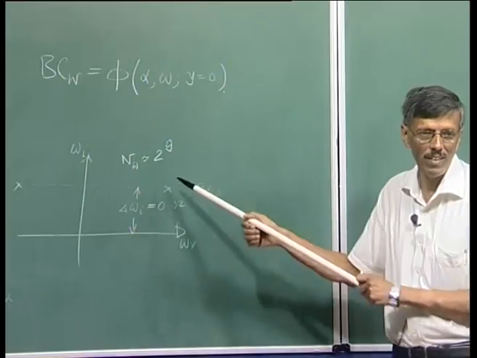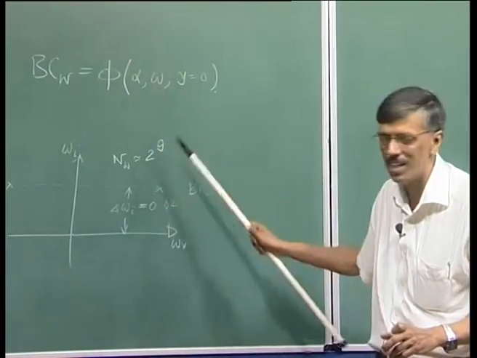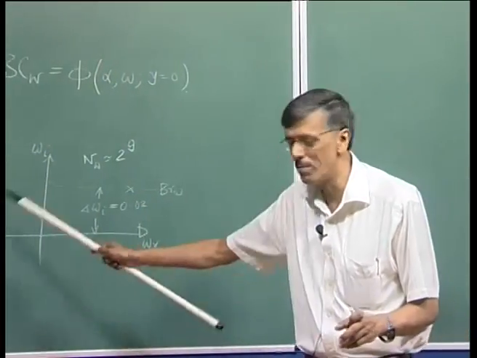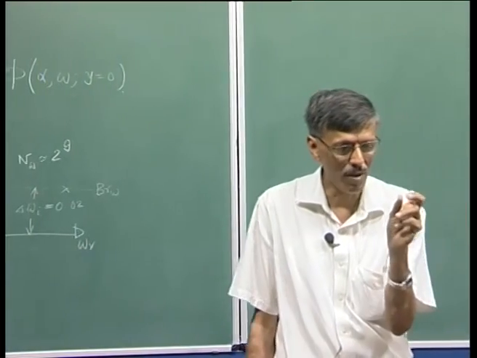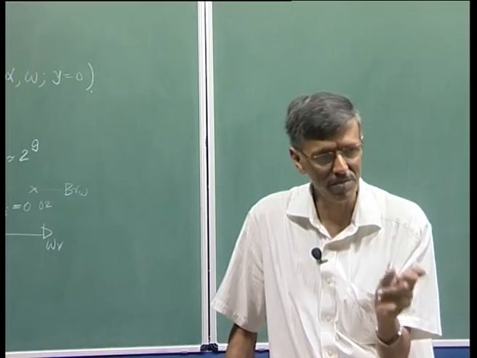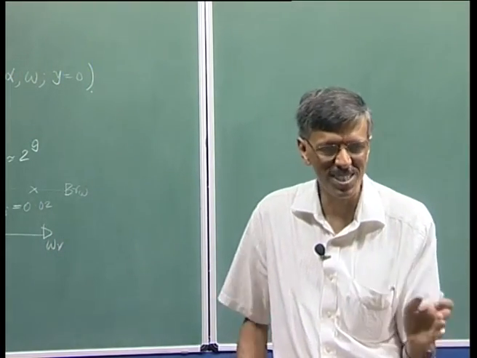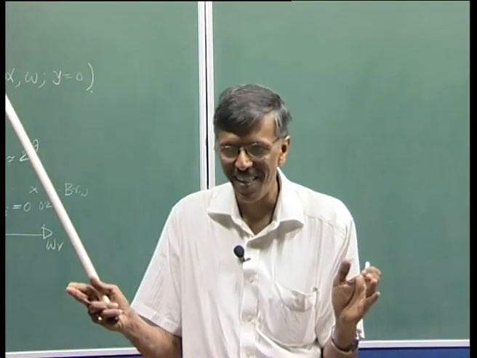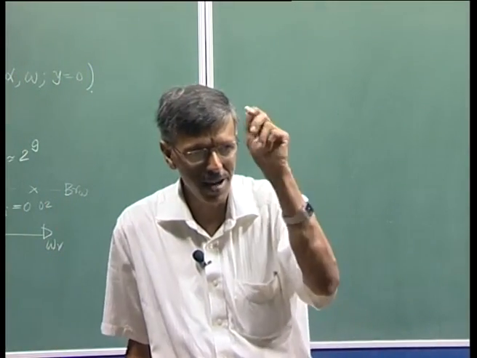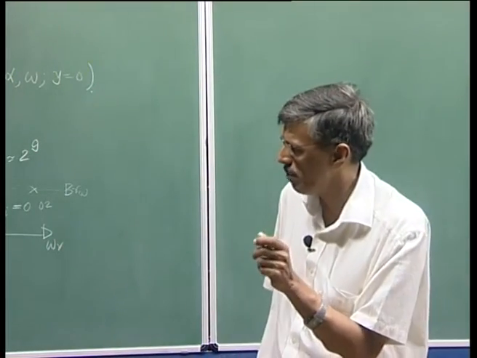What happens here is, when I take the number of points here and I take omega max, delta omega gets fixed, and the moment I fix delta omega, that fixes my T max. So I am actually doing a simulation over a finite time range that is dictated by 2 pi by delta omega, right?